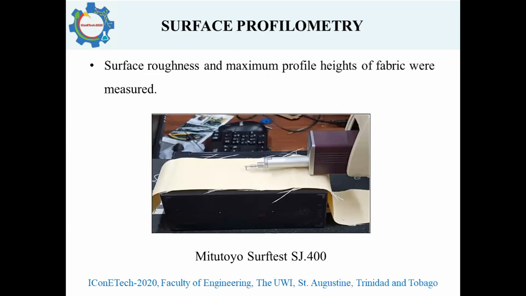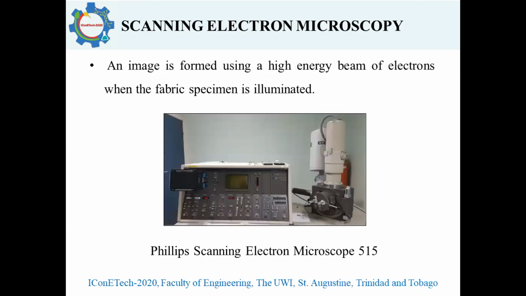In surface profilometry, I measured surface roughness and maximum profile heights of each fabric type using a Mitutoyo surftest, and a Philips scanning electron microscope 515 was used for generating images of the fabric specimen using a high energy beam of electrons.